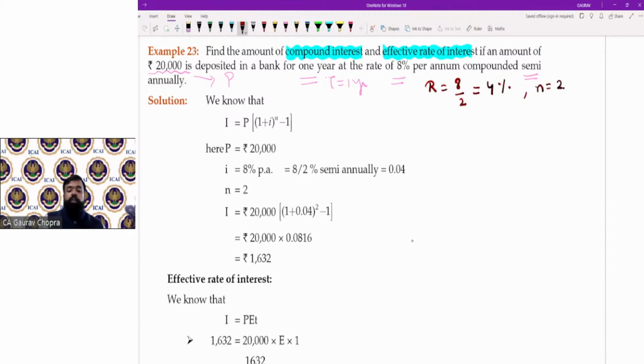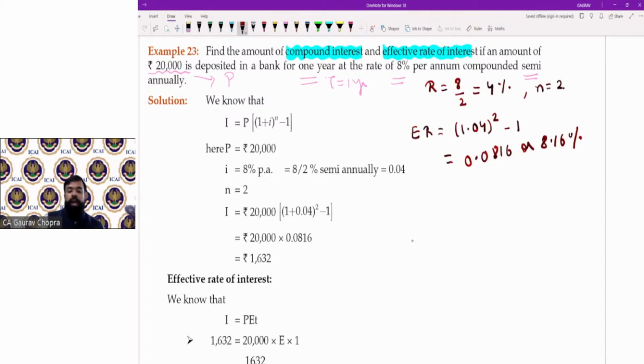So simply for effective rate, let's do the calculation first. So 1.04 square minus 1. 1.04 to the power of 2 minus 1. How much? 0.0816, or you can say 8.16%. This is the effective rate.